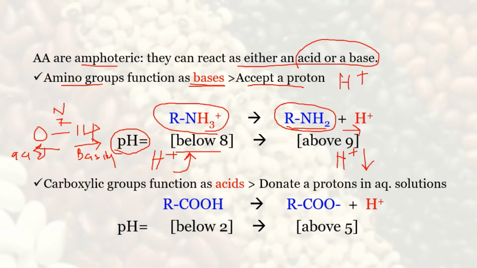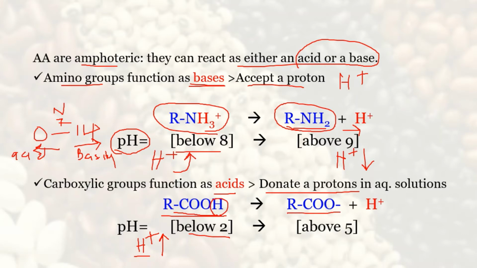Carboxylic groups usually act as acids, and this means they donate protons. So when we go below pH 2, that means acidity, we have hydrogen ions that have increased in concentration, and in this case, because a carboxyl group has a hydrogen, it will remain and will not give out more hydrogen, because protons are already abundant.